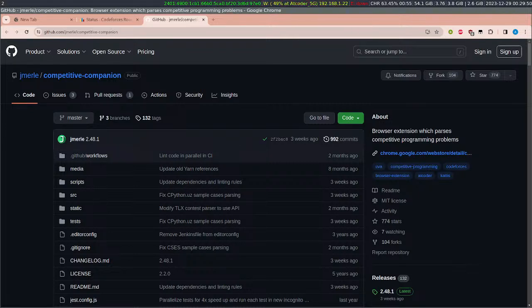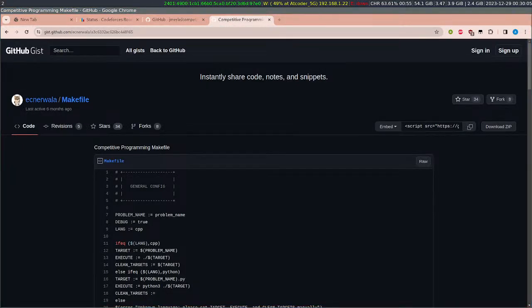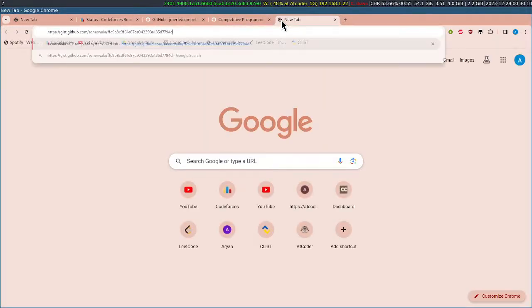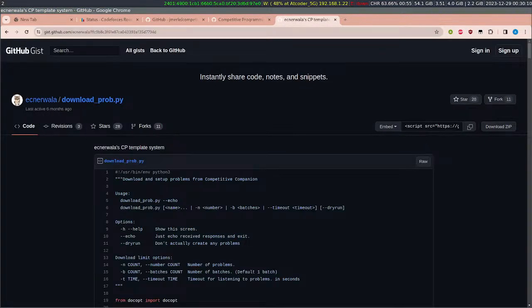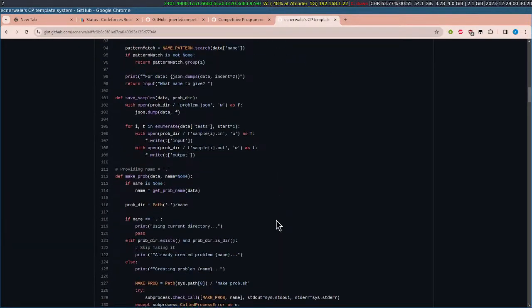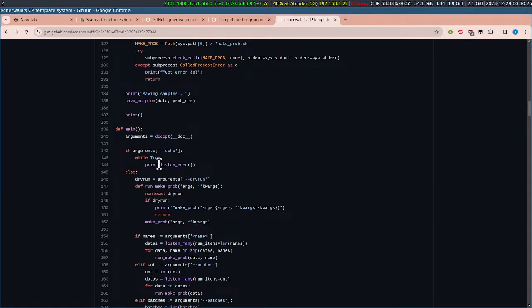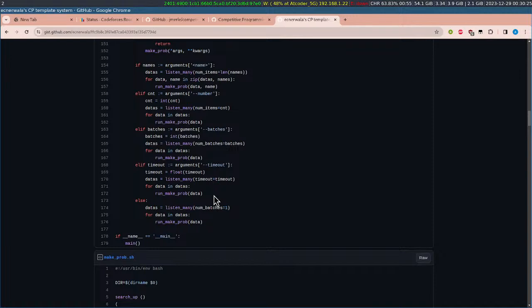One second, let me. These are the two scripts which Eknerwala has written. One of them listens on a particular port over here, and I have some command line setup over here.